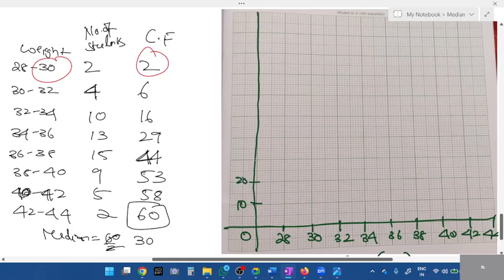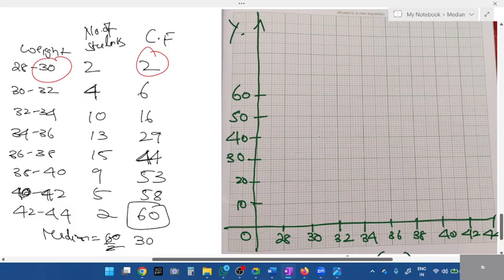On the y-axis, 10, 20. Highest we have up to 60: 30, 40, 50, 60. Write it till here.